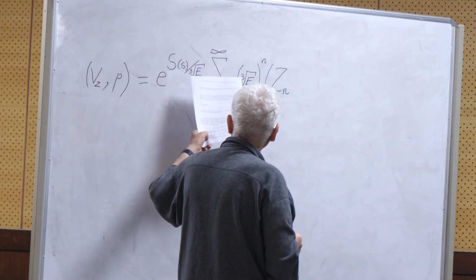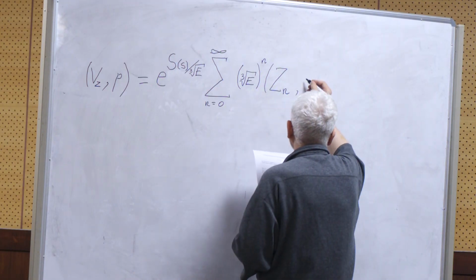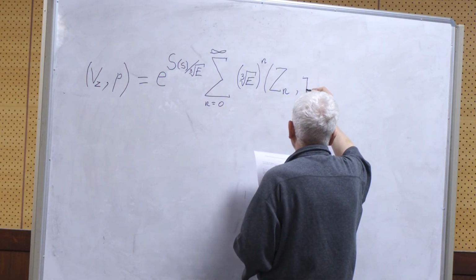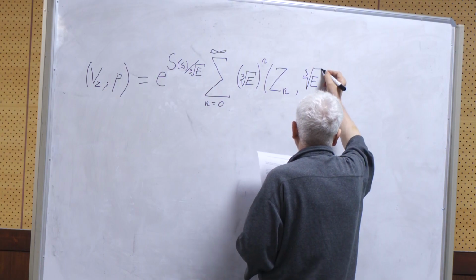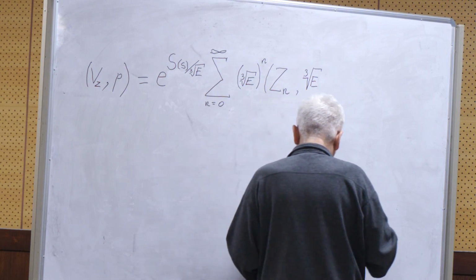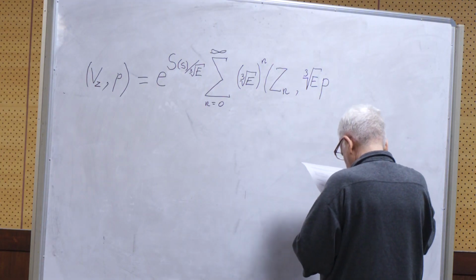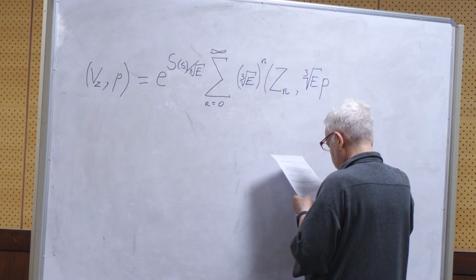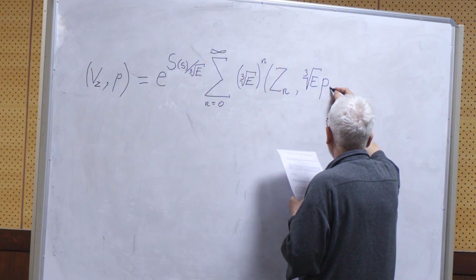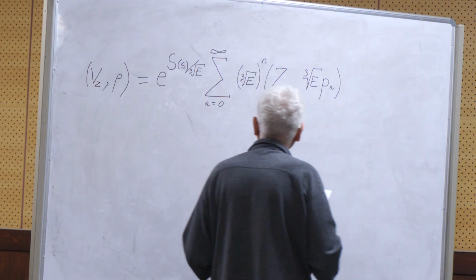They are also functions of the cylindrical radius. And then there is the cube root of the Ekman number, which is multiplied by the pressure. And the pressure also has index n.